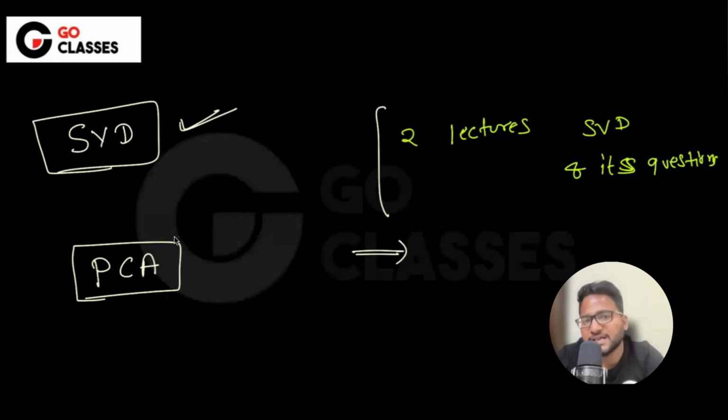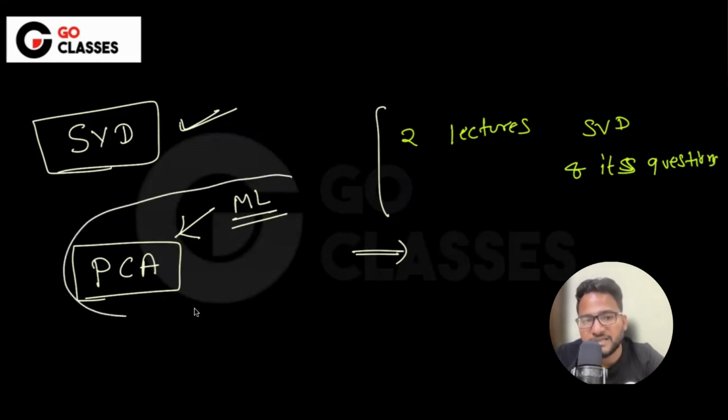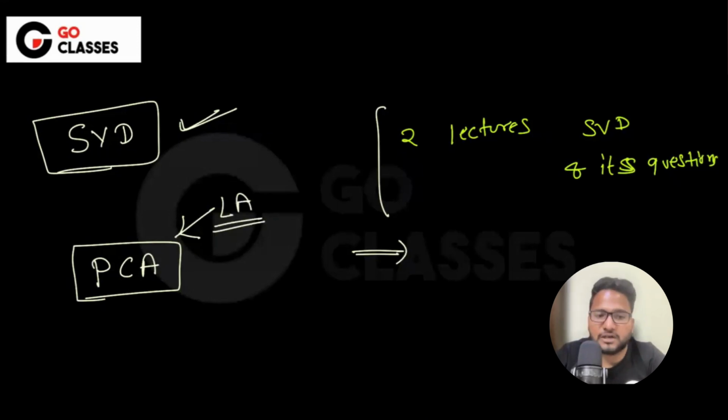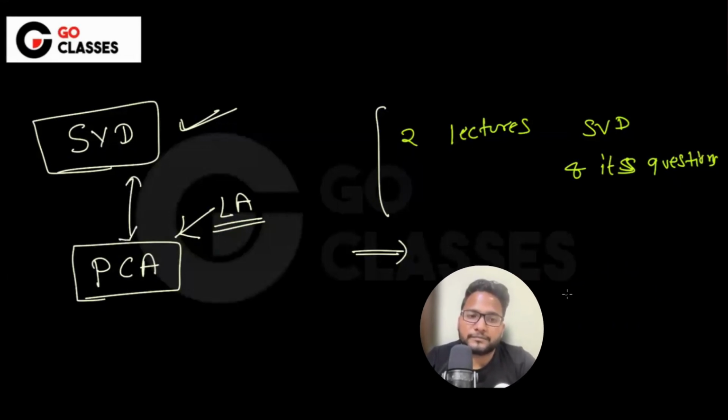Apart from that, PCA is actually in the GATE DA syllabus, but it is not listed as a part of linear algebra. It is listed as a part of machine learning. But some people teach it inside linear algebra itself. So maybe we can do PCA here, or maybe we can do PCA in machine learning. It doesn't really matter. My plan was that we can complete PCA in linear algebra itself, because it is more closely related to SVD, and that is why we can complete both of these topics together.